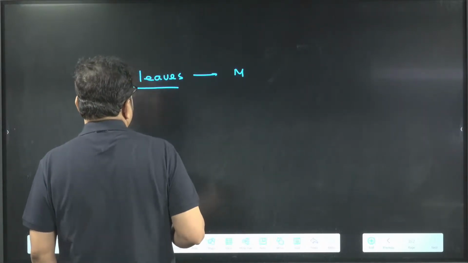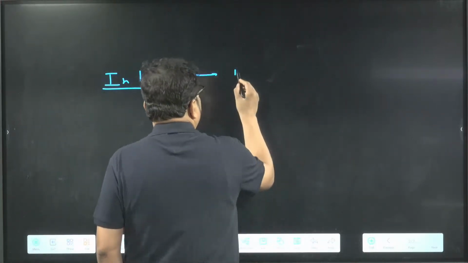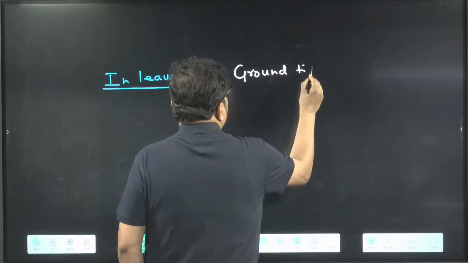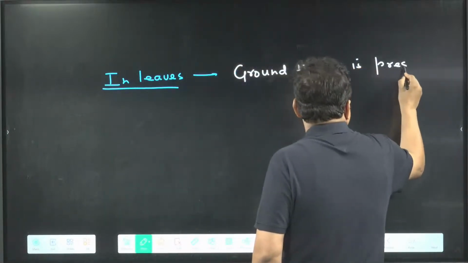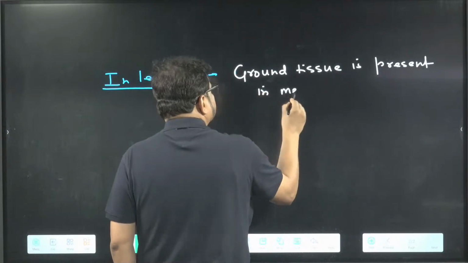So what I am telling, in leaves, ground tissue is present in mesophyll cells.